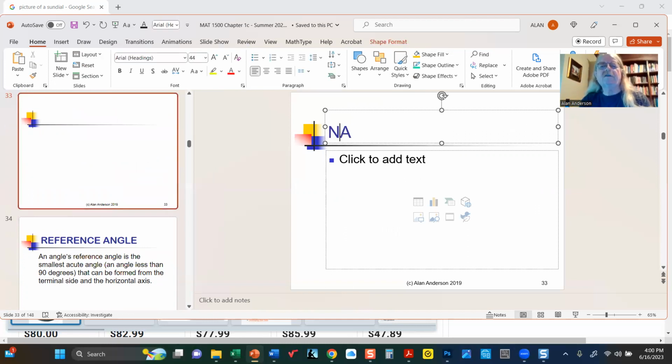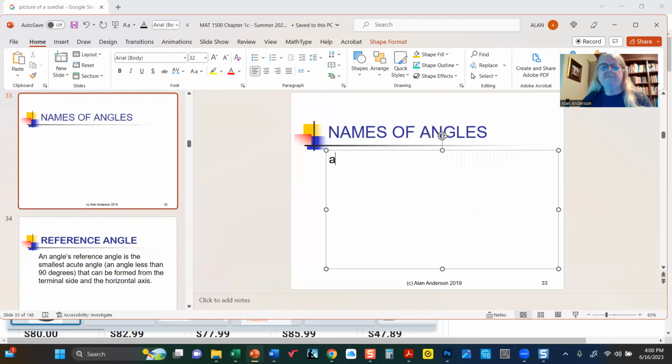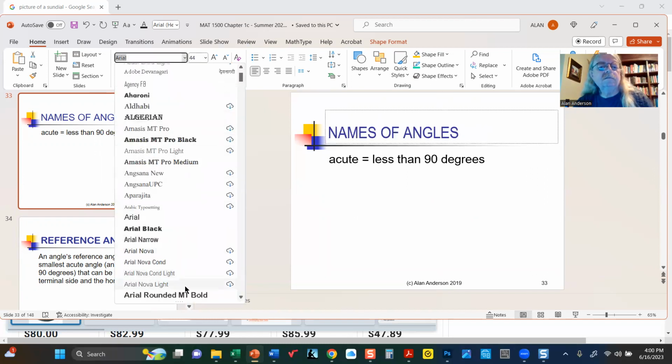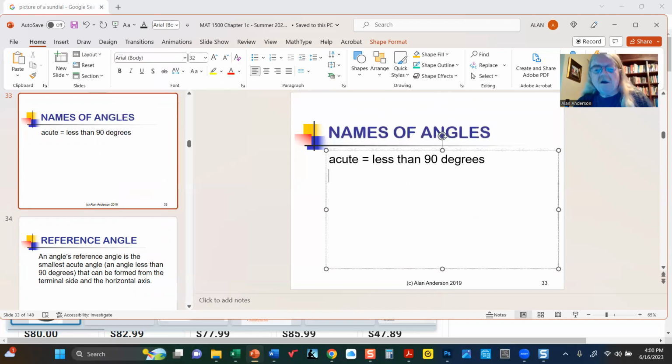So acute is less than 90 degrees. Okay, now I have to confess I've started to forget some of the others, so we're going to look it up on Google.